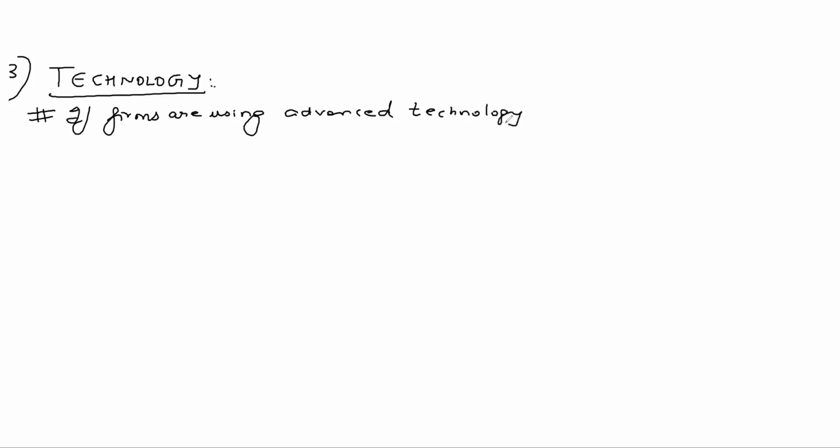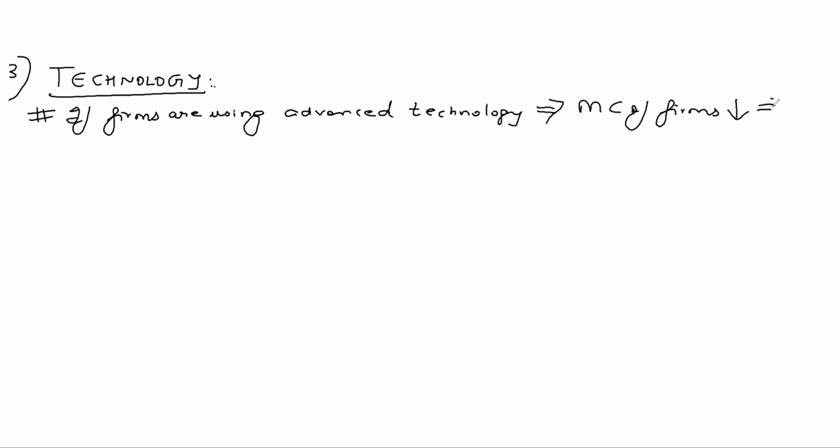Now the more latest technology is used, the more efficiently the output is produced. If I use the latest technology, that might require lesser manpower. If I use a very old technology, that might require more manpower. Now, if I use the latest technology, it will require lesser manpower, so I will have to pay lesser wages. That means indirectly I'm saying that my marginal cost is going down. So if the firms are using advanced technology, indirectly it means that some or the other way the marginal cost of the firms go down.